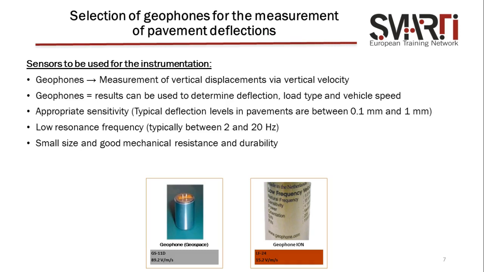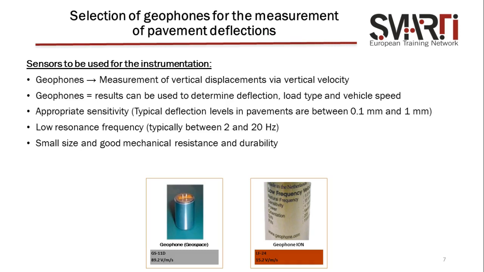Geophones give us information about the vertical velocity within these layers. We convert this vertical velocity into vertical displacement, and it also gives us information about the different vehicle types and vehicle speeds.